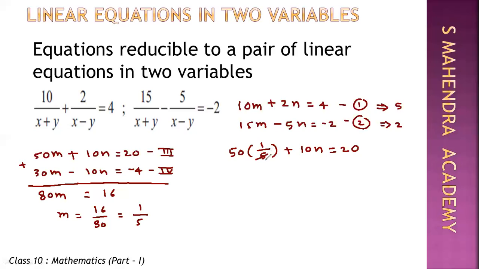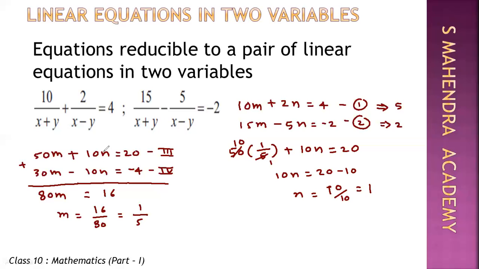So here the equation will be 10n is equal to 20 minus 10, and the value of n will be 10 upon 10, that will be equal to 1. So here we have got the values of m as 1 upon 5 and the value of n as 1.